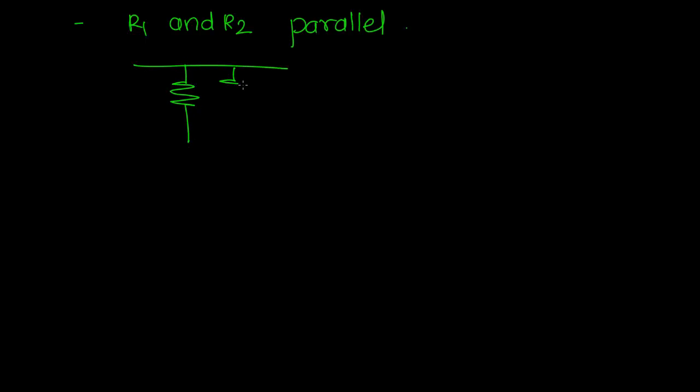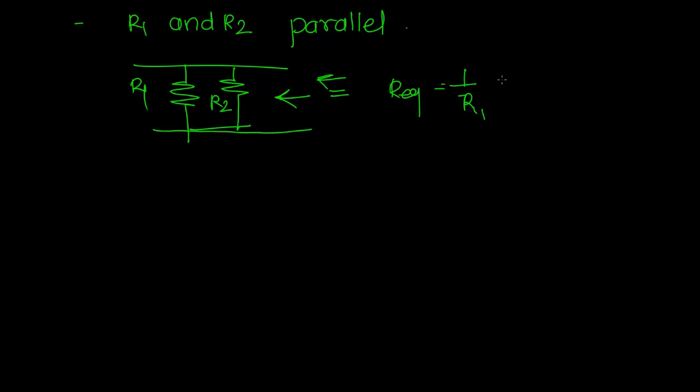And the second type of connection is R1 and R2 in parallel. That means they are connected in this way, parallel to each other. Both the ends are connected together, and this is R1, R2, and their equivalent resistance looking into this side is 1 upon R1 plus 1 upon R2, all inverted.